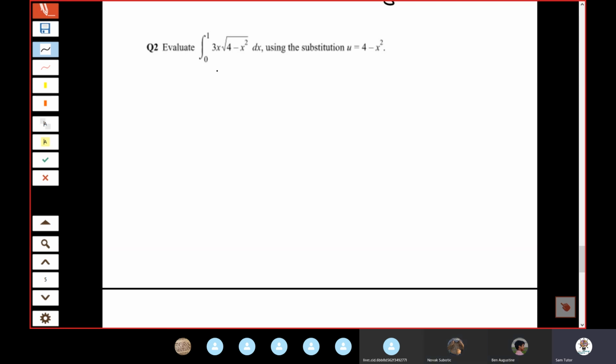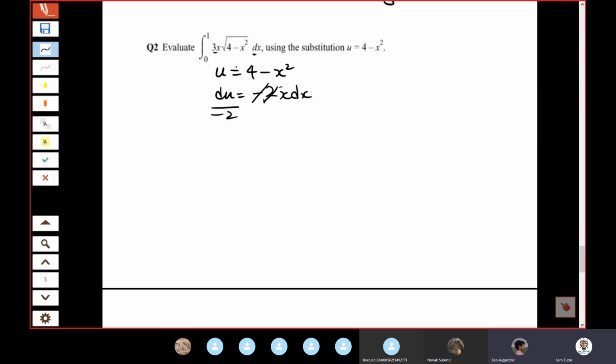Let's do this. u equals 4 take away x squared. du becomes negative 2x dx. Again, you can see we have a 3x dx, not a negative 2x dx. It might be a little bit annoying trying to get this negative 2 into a 3. So what I would recommend, instead of trying to do that, is to just divide by this.